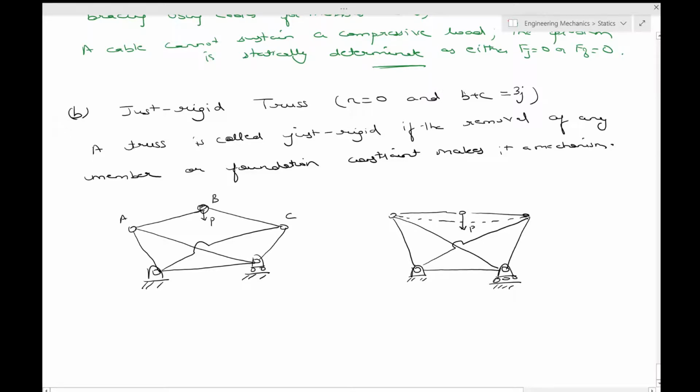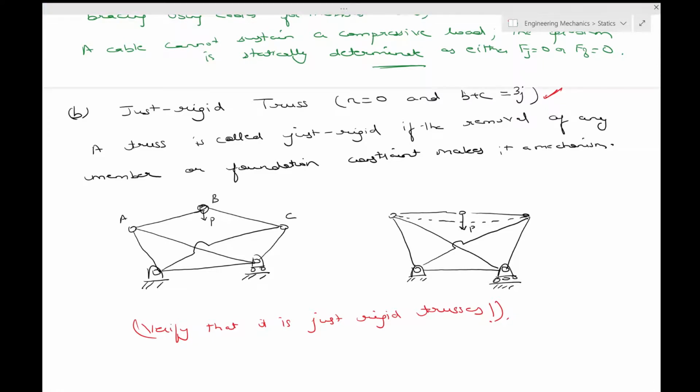These two which you see in front of you are just rigid trusses. So the first thing you must do is to verify that it is a just rigid truss. And how to check that? You just have to see whether these two conditions are satisfied.